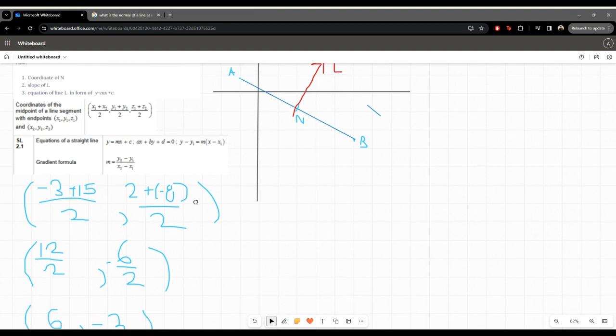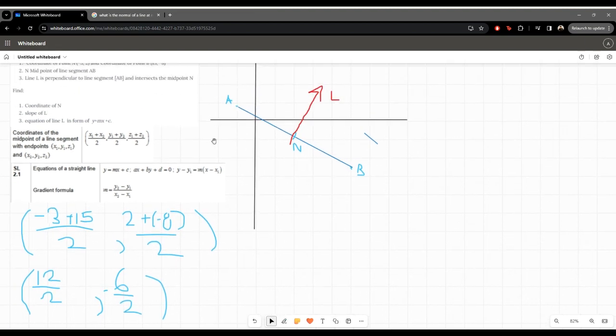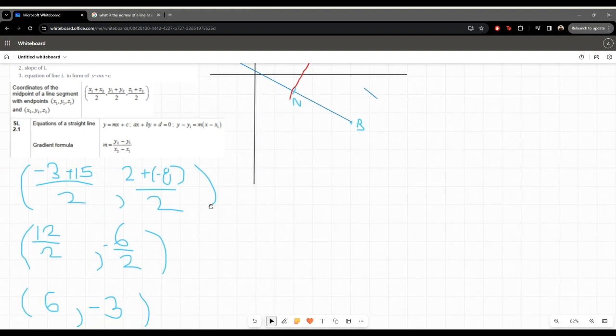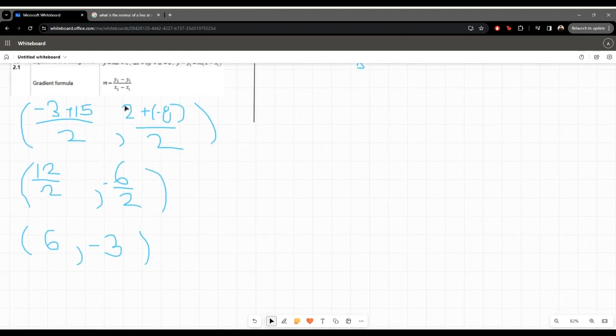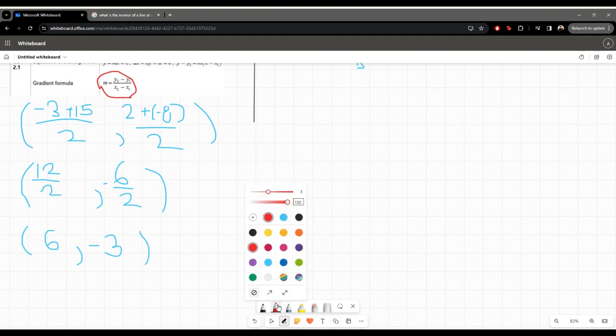So to find the slope of our line segment AB, we will use the gradient formula, where m, which is the slope, is equal to our second y coordinate minus our first y coordinate, which is the difference in y, and it is divided by the difference in x. So we use this gradient formula and we substitute our values in.